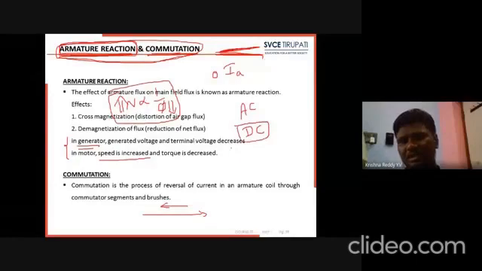Initially we have a current like this, AC. Now we need to convert this current into pulsating DC.